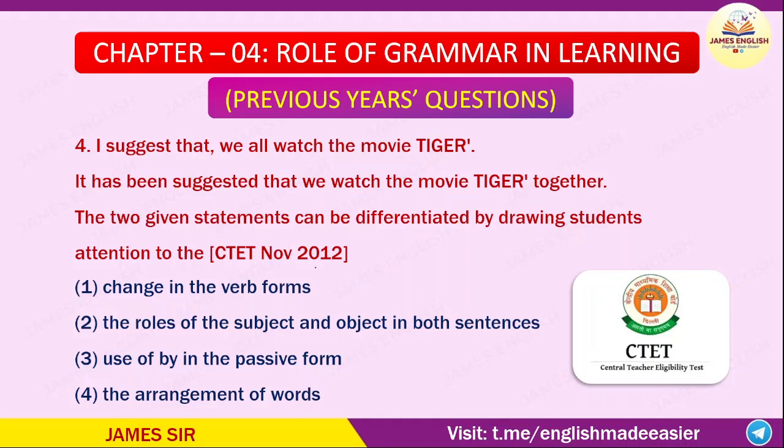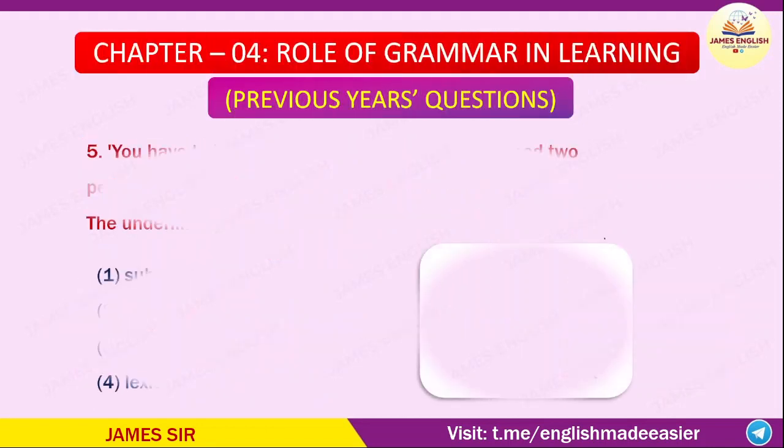Options: change in the verb forms, the roles of the subject and the object in both sentences, use of by in the passive form, the arrangement of words. For this question, the right answer should be option 2, that is the roles of the subject and the object in both sentences.